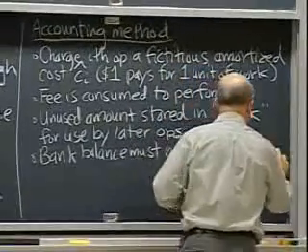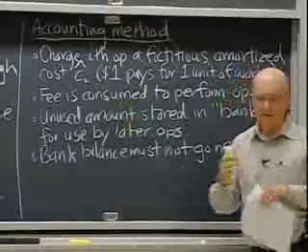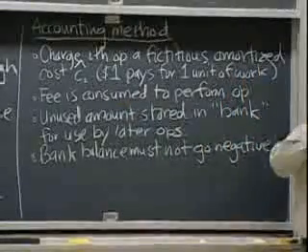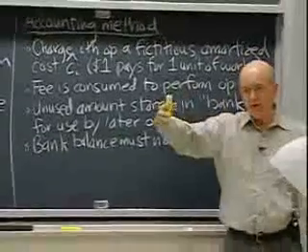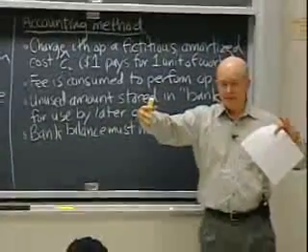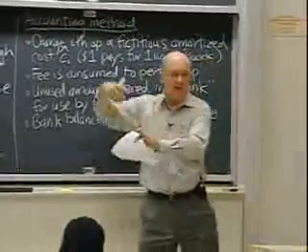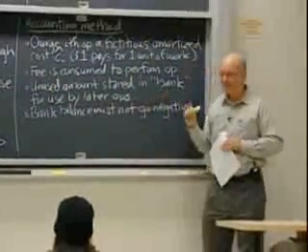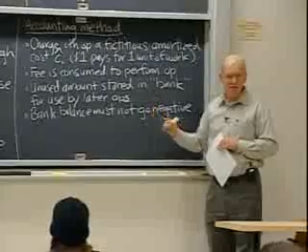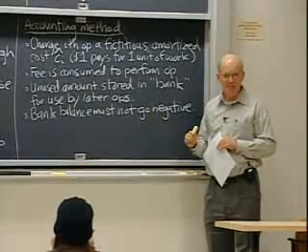In other words, the amortized costs minus the cost of the operations up to that point have to always be enough to pay for all the operations that you're doing. Otherwise, you're borrowing on the future. In amortized analysis, we don't borrow on the future, at least not in the simple ones we're doing here.